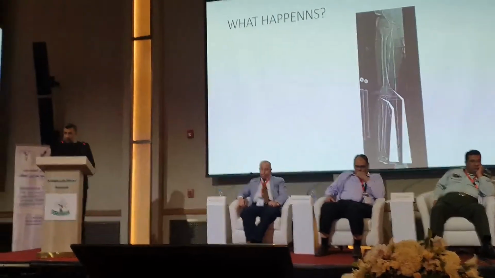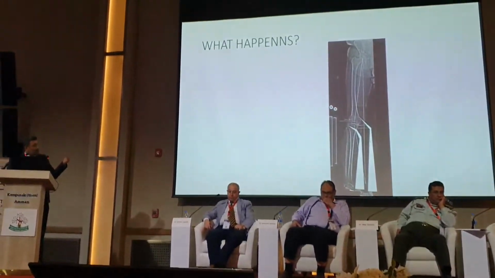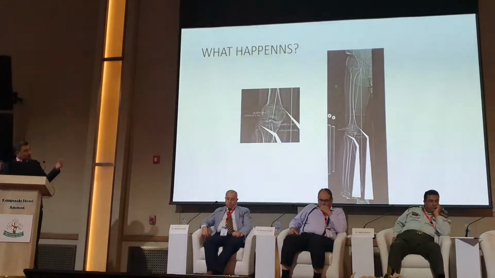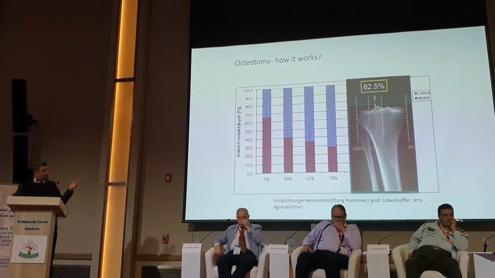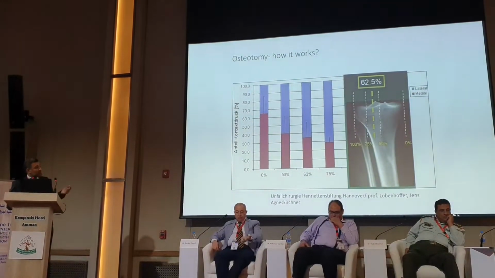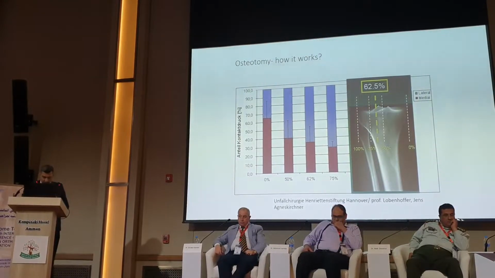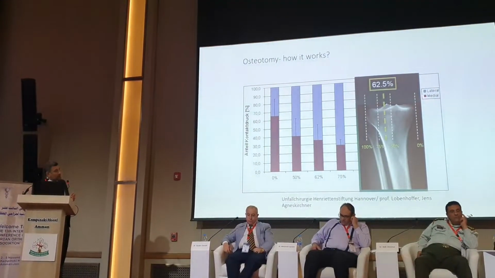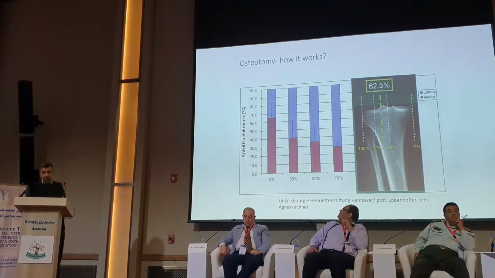So what happens if we shift the mechanical axis from medial to lateral? This is a laboratory study by Professor Philippe Dobelhofer from Hanover and Jens Education. They showed that when the mechanical axis is at the zero line here, the load is about 2/3 on the medial side.